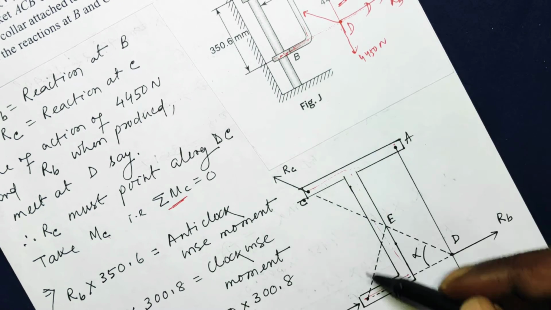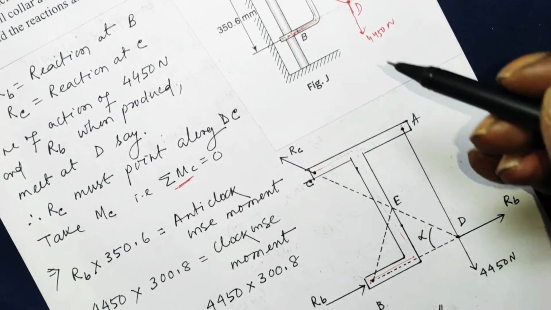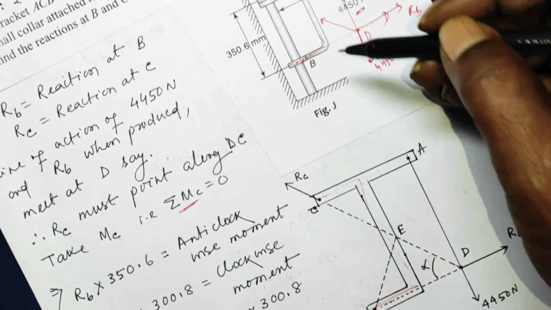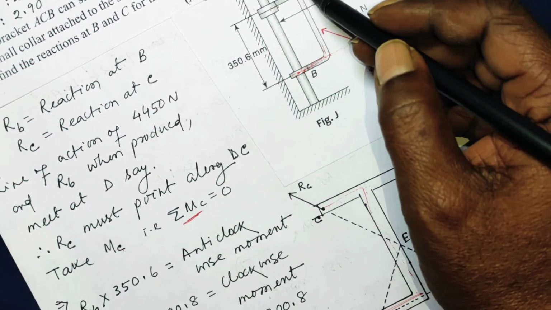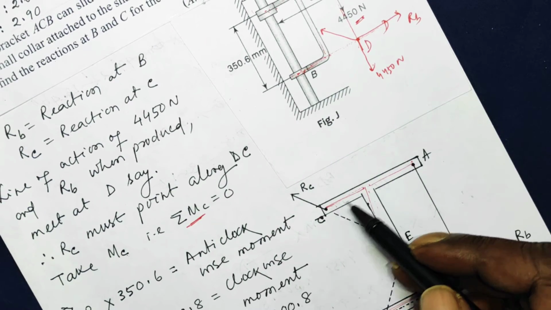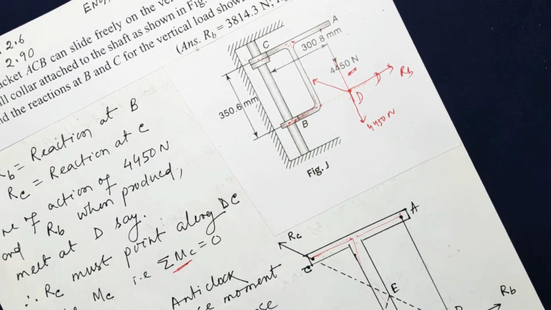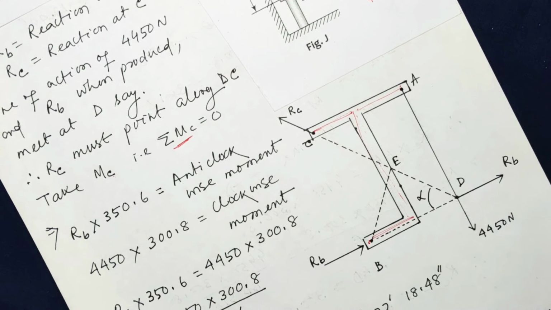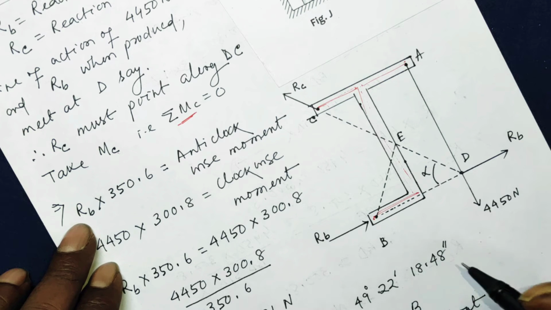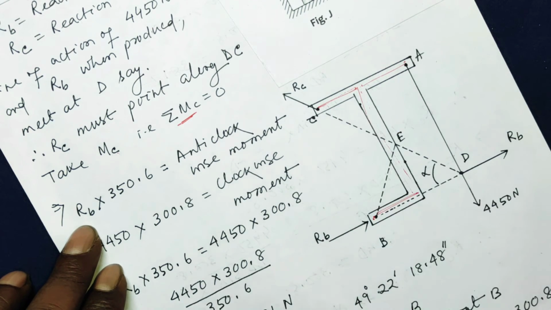Here is point B and here is point B. Point C is here and point B is here. So let us begin. Let us take the moment about point C.